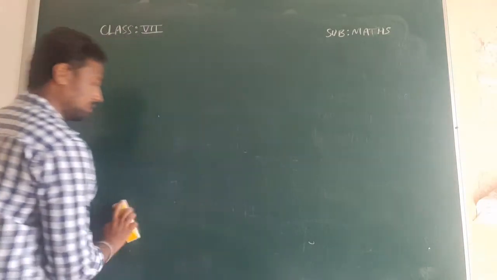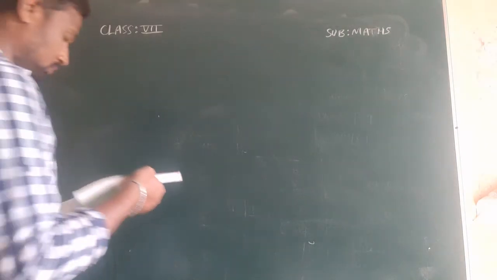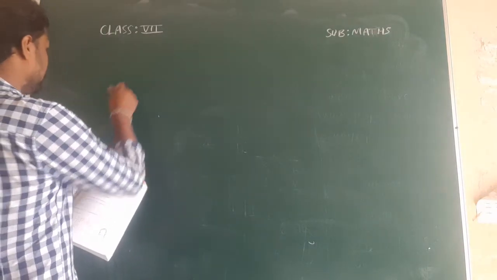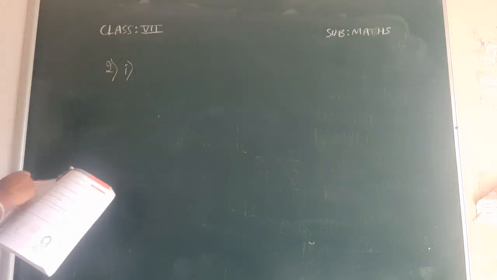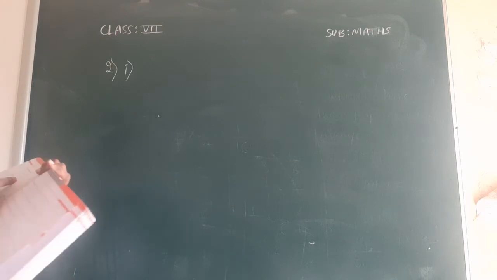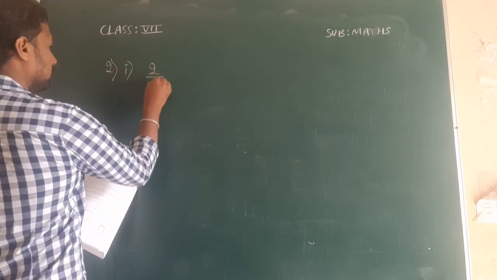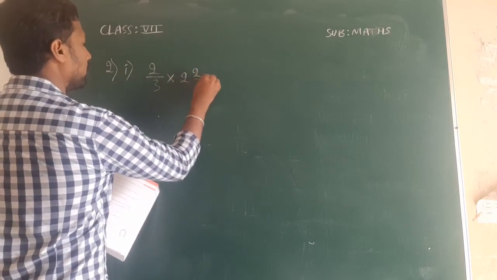Now I will discuss the second question. We have around 6 to 7 questions in the second main. So I will discuss the first one now, that is 2 divided by 3 into 2 of 2 divided by 3.